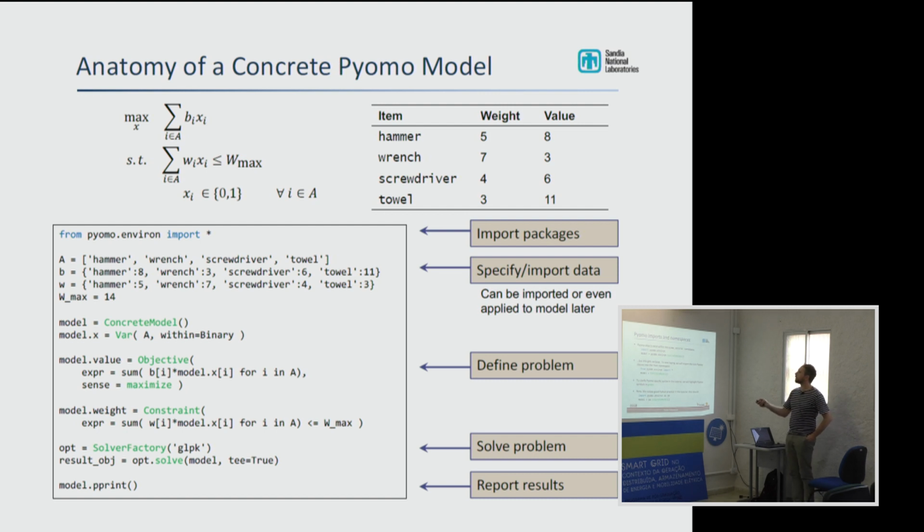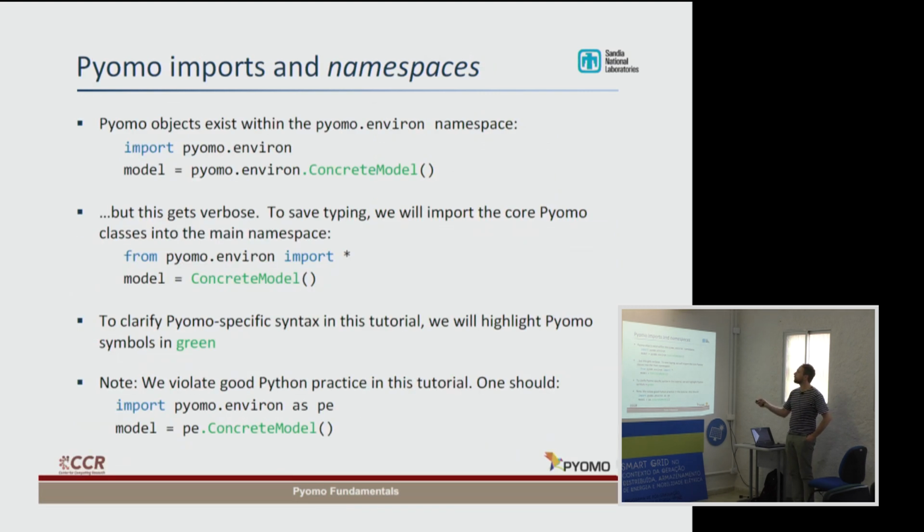So this line is responsible for importing all the objects of the package Pyomo into the workspace. Okay. But usually we don't write just that, we write this so every function can be accessible directly.